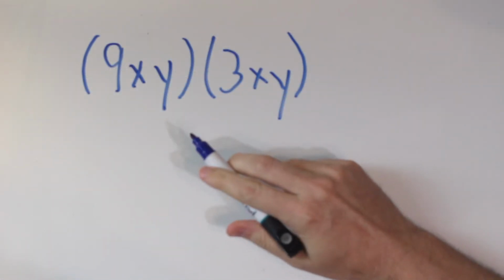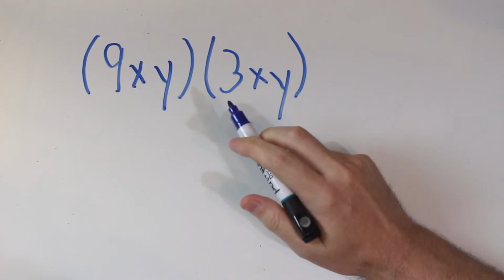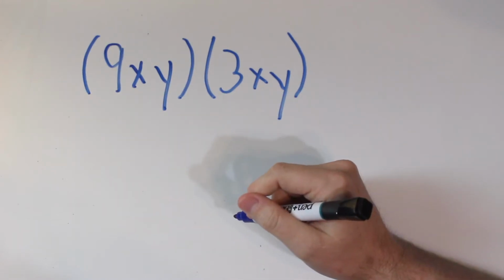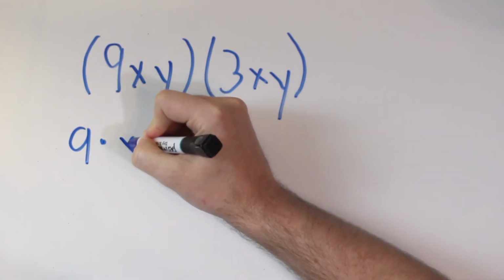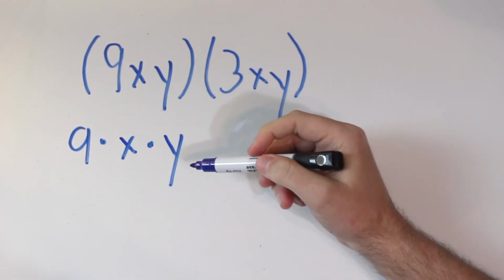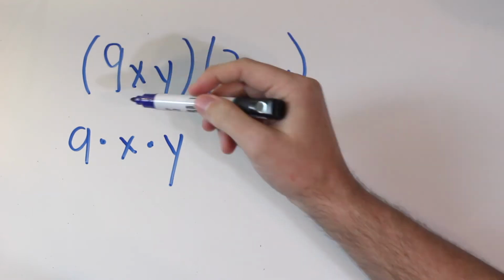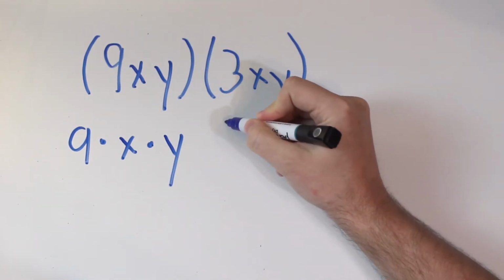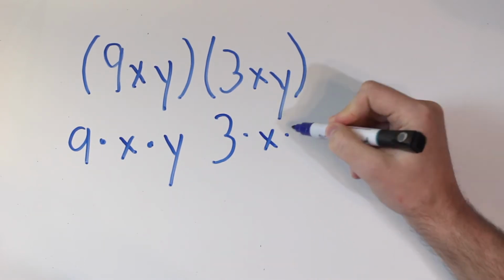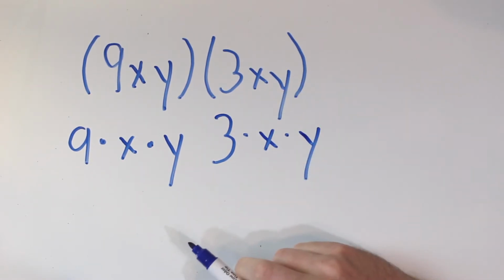This time, I'm going to show you a shortcut on how to solve this. You can think of 9xy as being 9 times x times y. So write it that way. You can also think of 3xy as being 3 times x times y. Write it out that way as well.